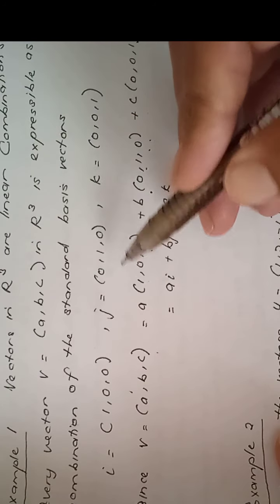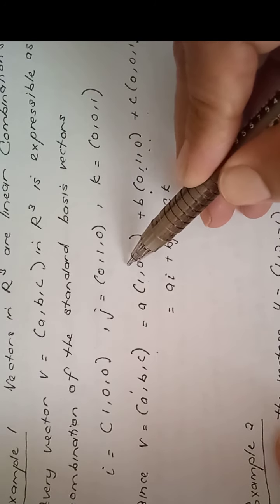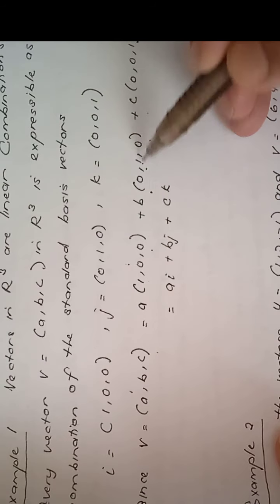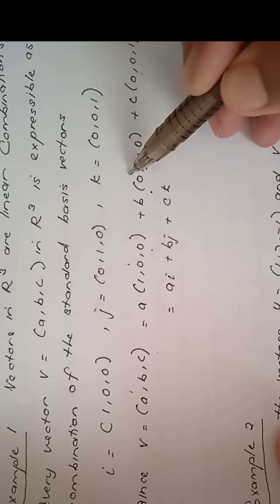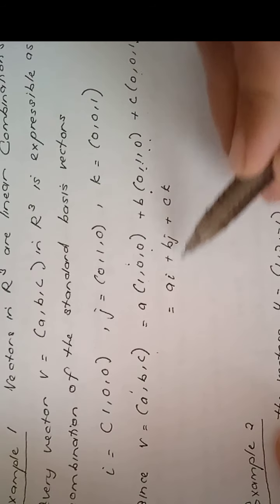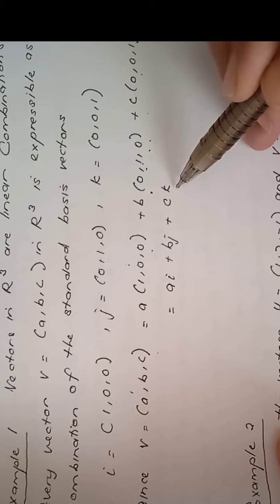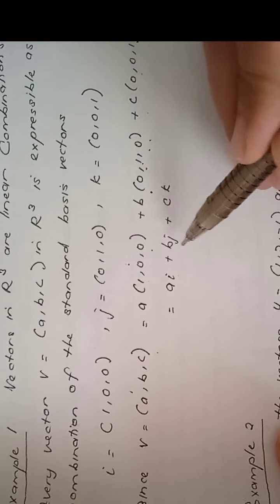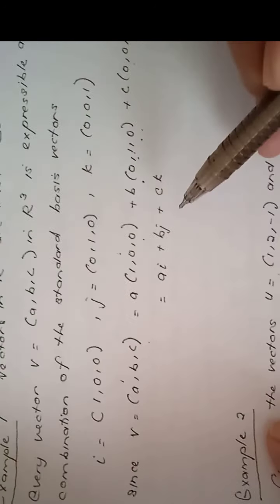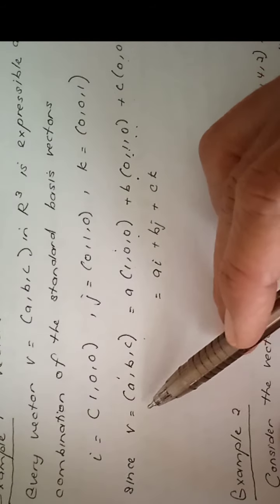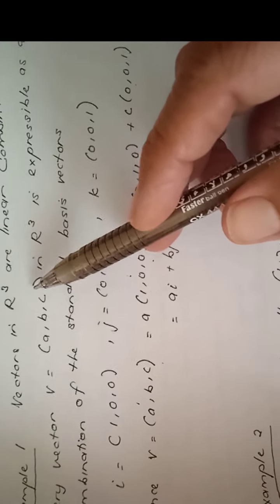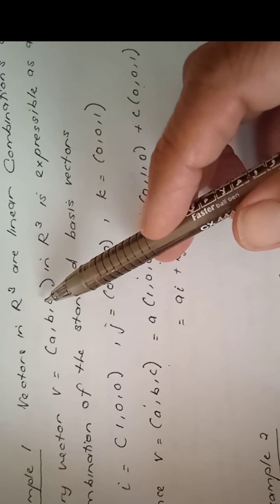So this is i, this is j, and this is k, like V1, V2, and V3. So i, j, k can be written as a linear combination for any vector in R3.